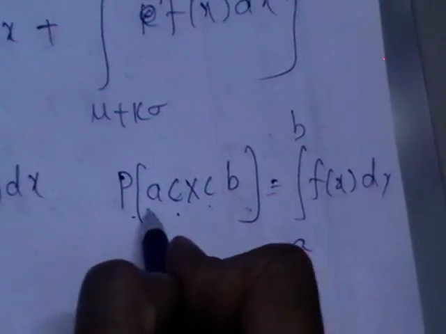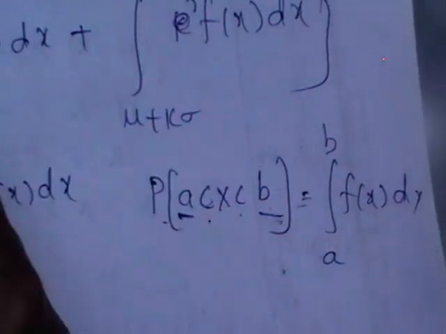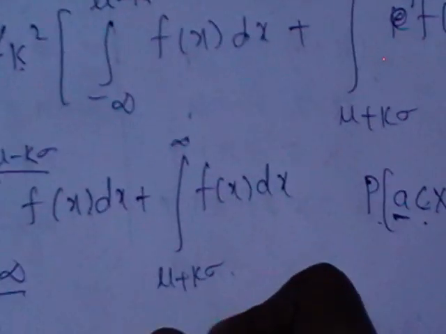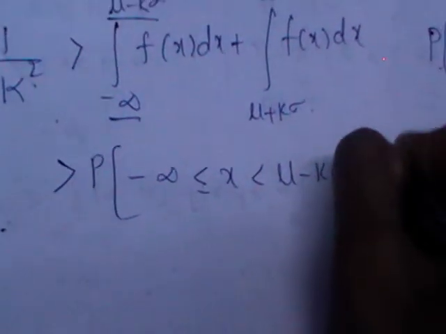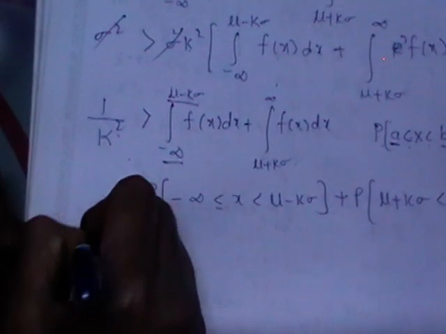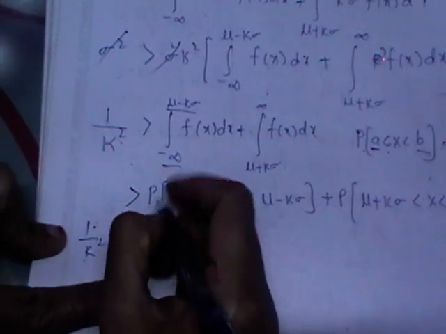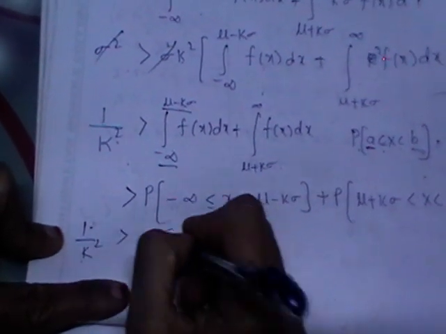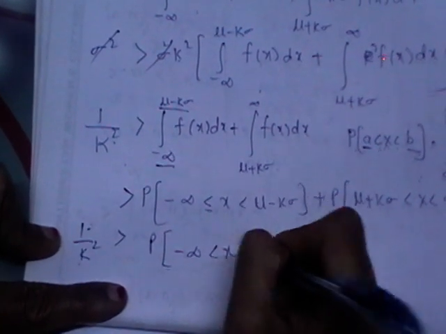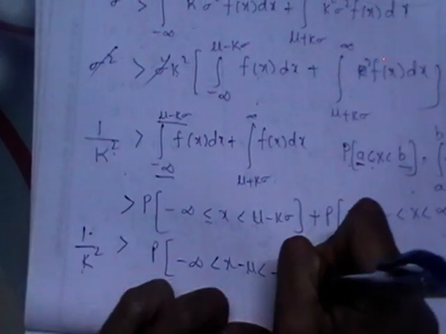So this can be written as P of minus infinity less than x less than mu minus k sigma, plus P of mu plus k sigma less than x less than infinity. Let us simplify in this way. I think you have understood that step.